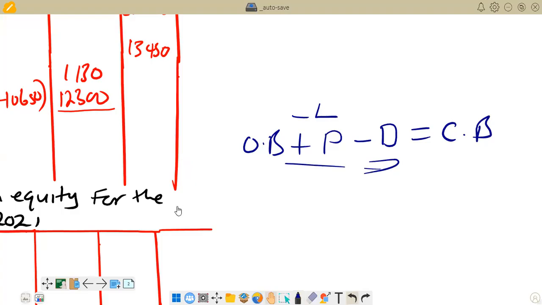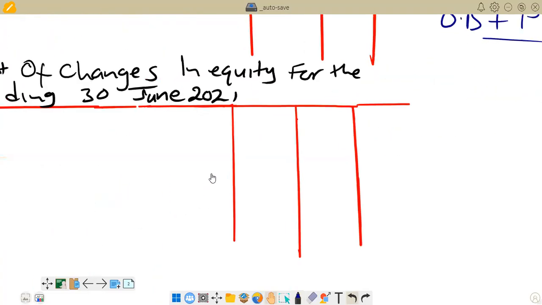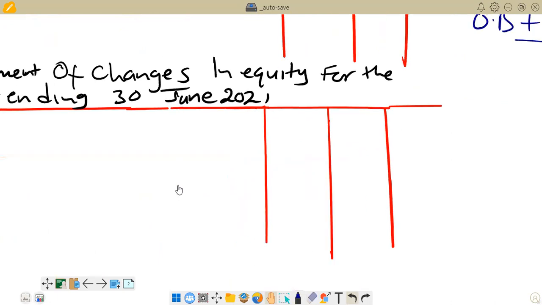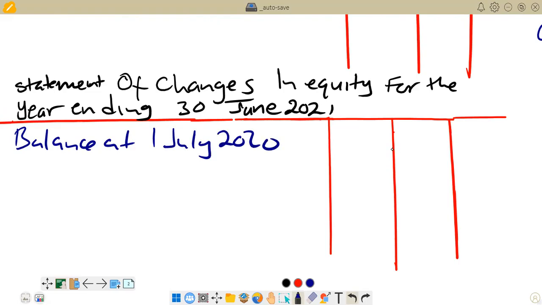So if you come here now, we are going to start with the opening balance that we are given here. So here we can just say balance at the beginning of the year, that is 1 July 2020. For the balance that you are given there, we go and check the list of balances.